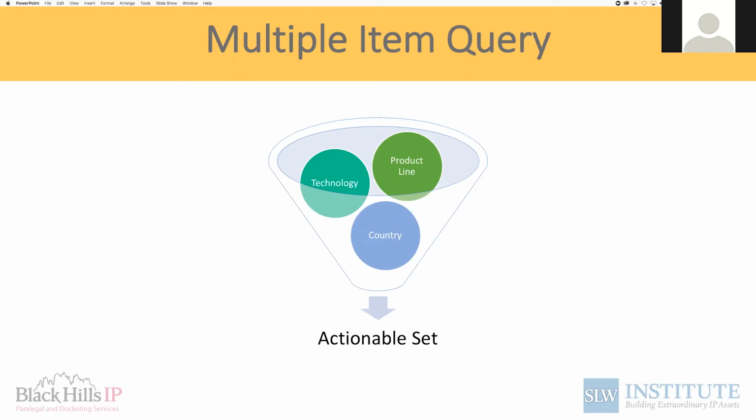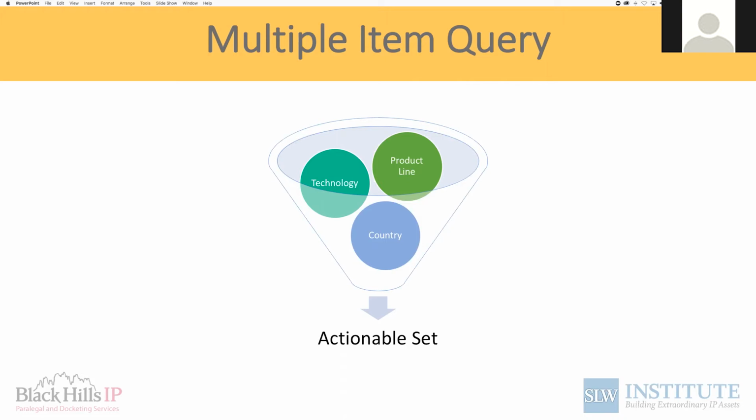So focusing on product lines that are on their way out or being divested, focusing on technology areas that are old or have been surpassed or not being used by the company or by competitors anymore, focusing on countries that represent markets of lower value going forward.